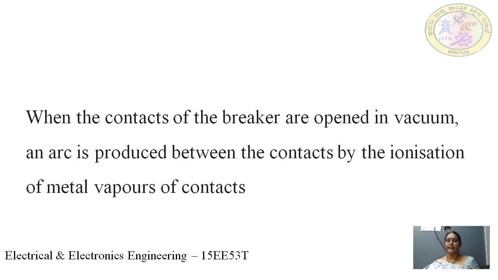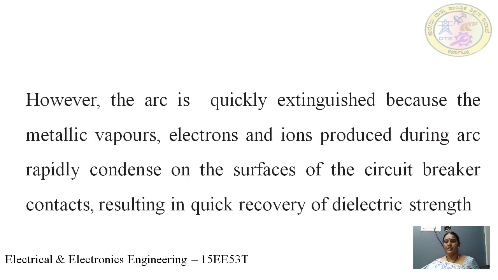Here I will repeat this once again. When the contacts of the breaker are opened in vacuum, the arc is produced between the contacts by ionization of metal vapors of the contacts.